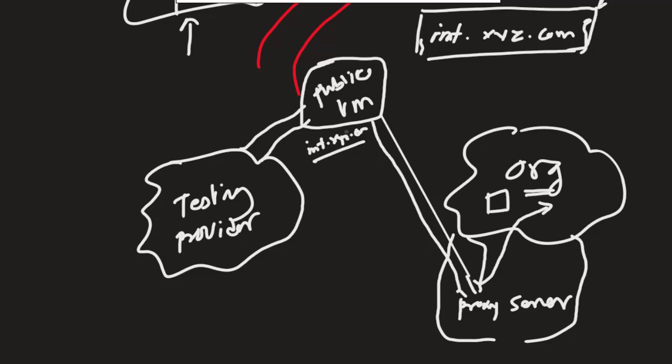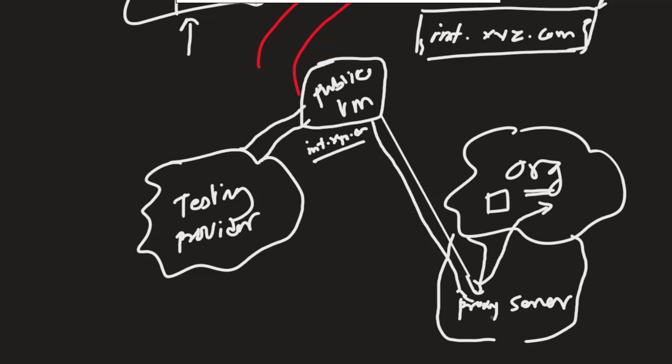So all the traffic, all the HTTP requests that are coming into this public VM, are tunneling through this proxy server. So if you type int.xyz.com, it is going to use this tunnel and the request is going to go to this proxy server.